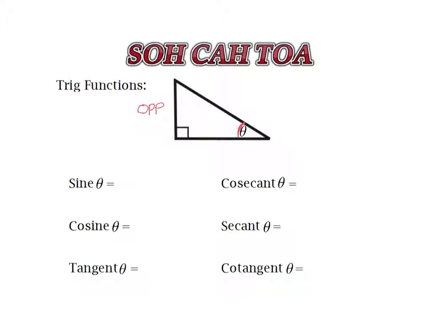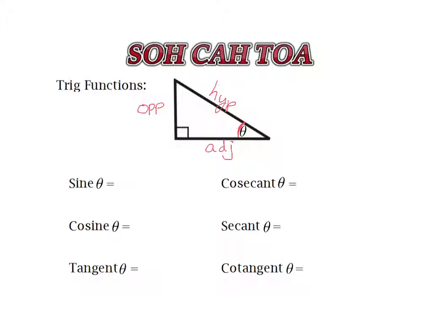And the leg that it's next to is considered adjacent to that angle. And of course, since it's a right triangle, we're going to have a hypotenuse. Now that would move around if I switched theta to up here. Then your opposite and adjacent would swap, but you'd still have the same hypotenuse.